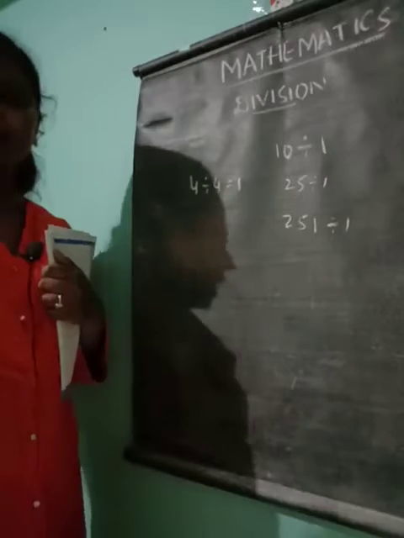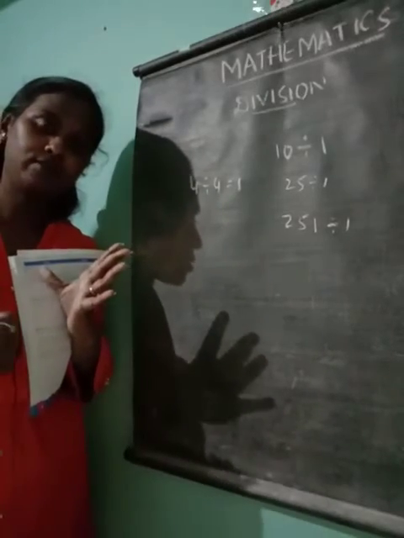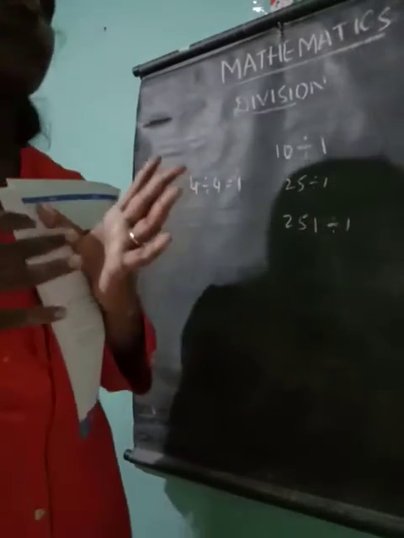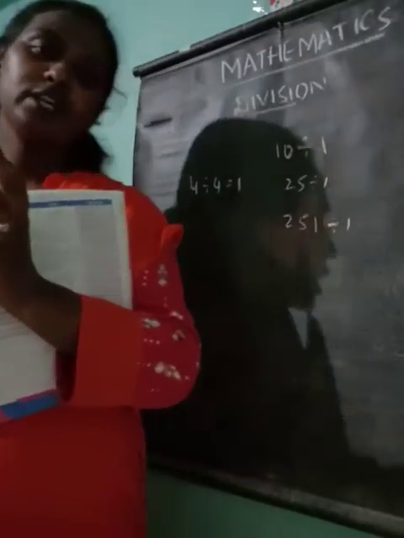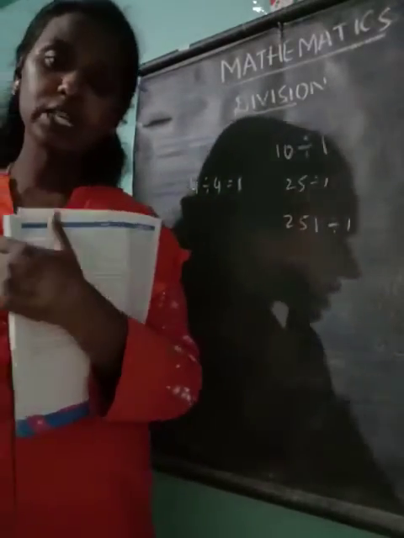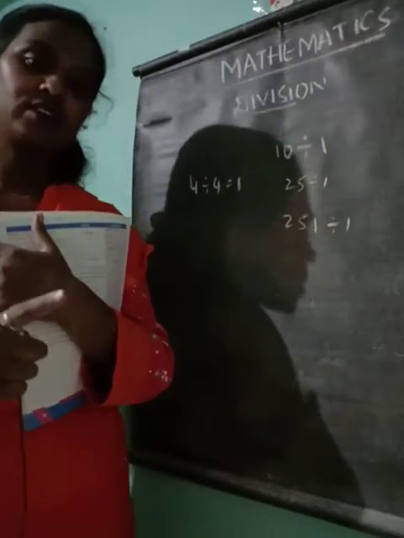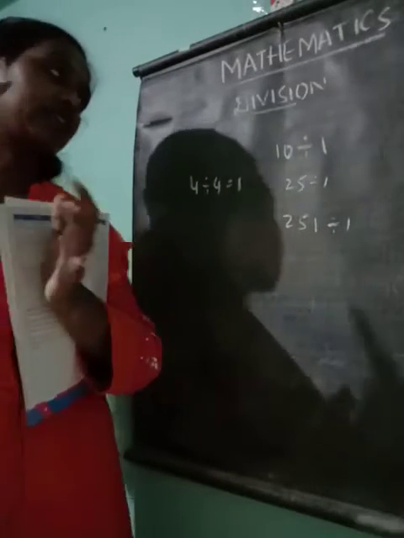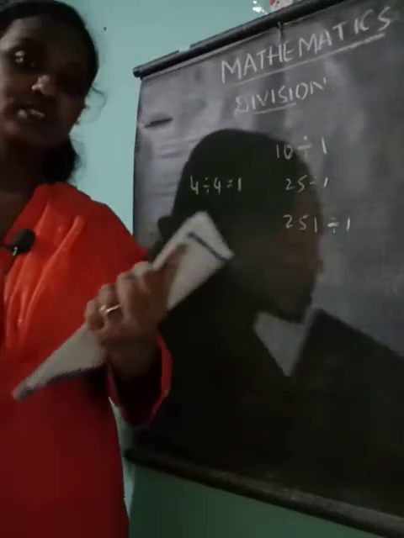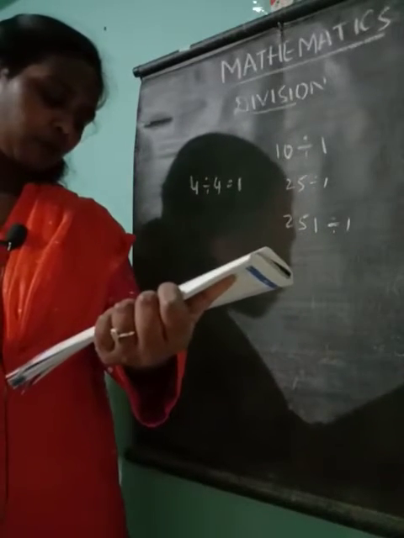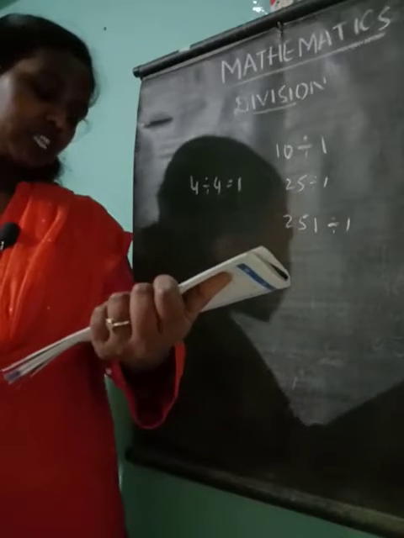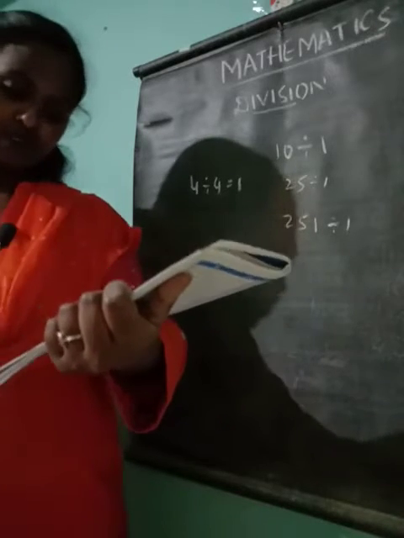If you divide any number by the number itself, whether it is a bigger or smaller number, the quotient is 1. The first property is different and the second property is different. I hope you understood. The third property says division by 0 is not possible and it is not defined.